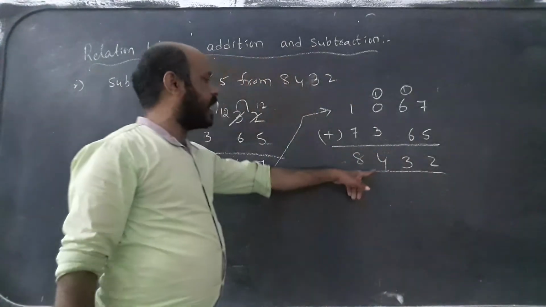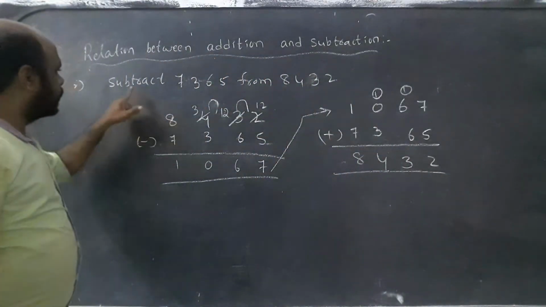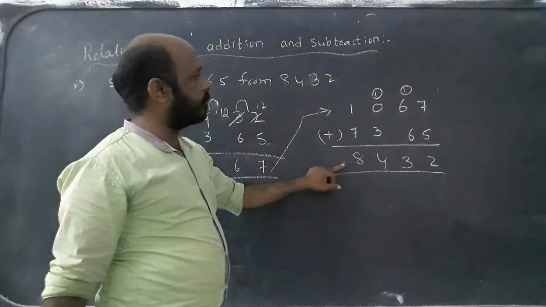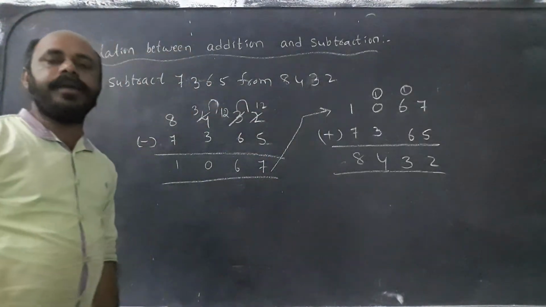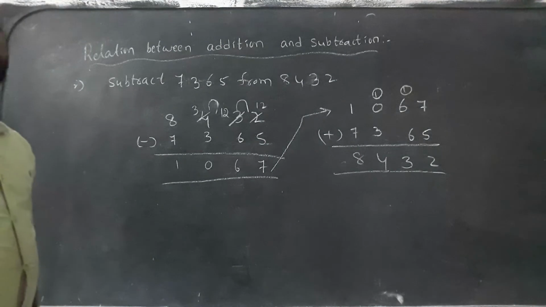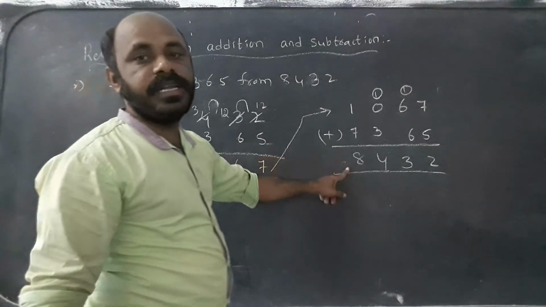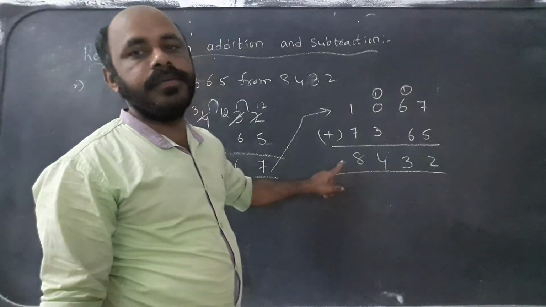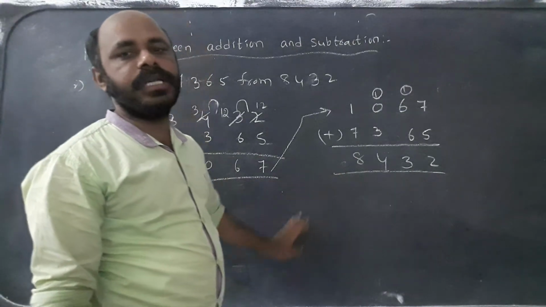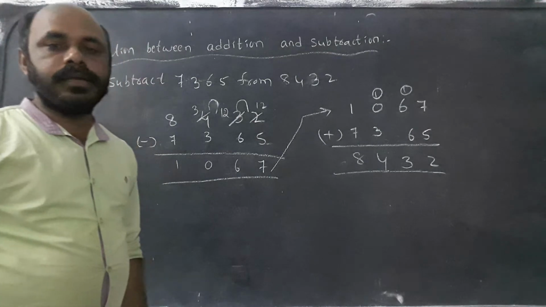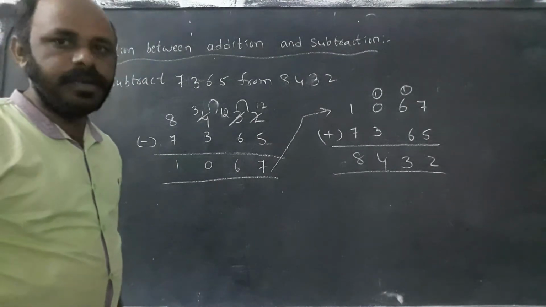Whenever we get the same as the first number, then the subtraction we did is correct. If we get a wrong answer, then the subtraction we did is not correct. That means we did it wrong.